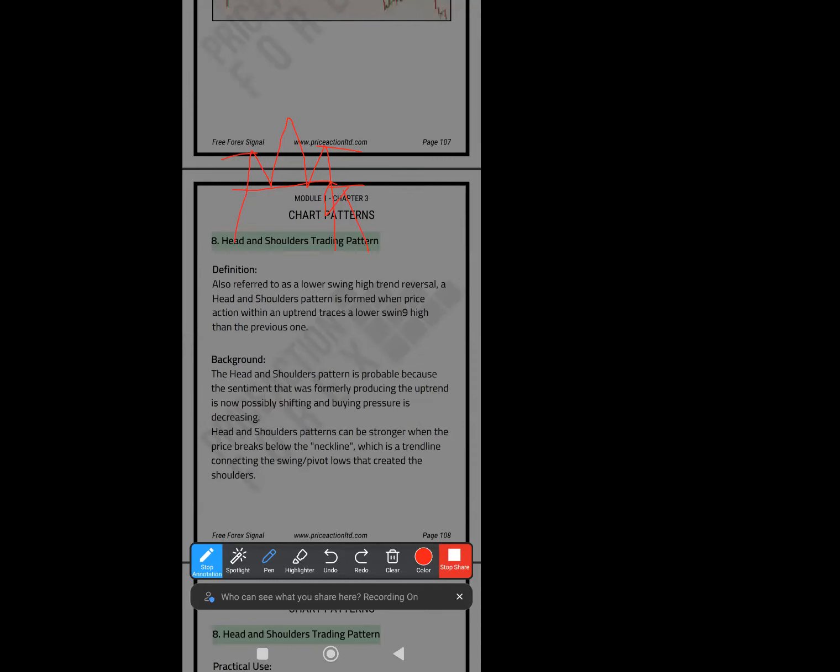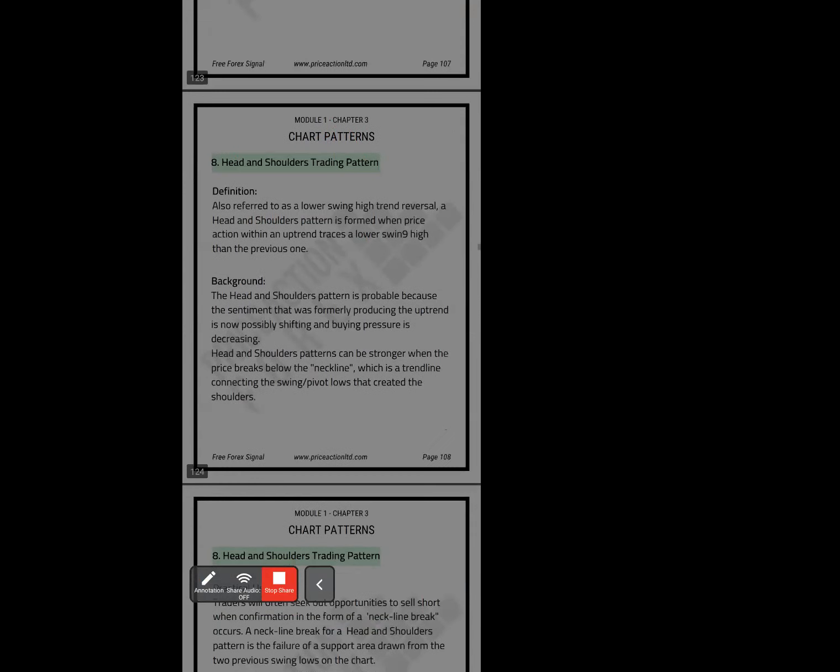All right. So in the meantime, let's see more of what we have here. They say the head and shoulder pattern is probable because the sentiment that was formerly producing the uptrend is now possibly shifting, and buying pressure is decreasing.